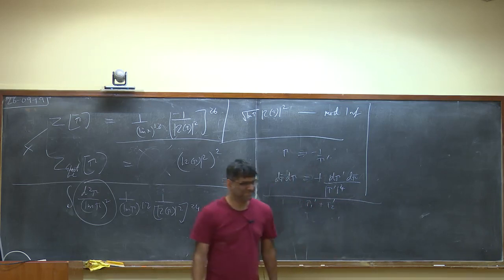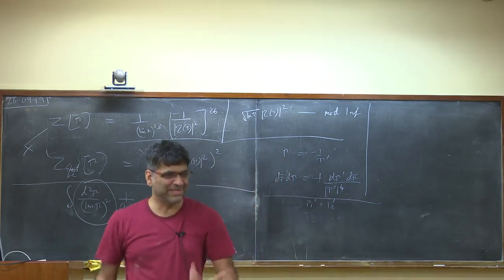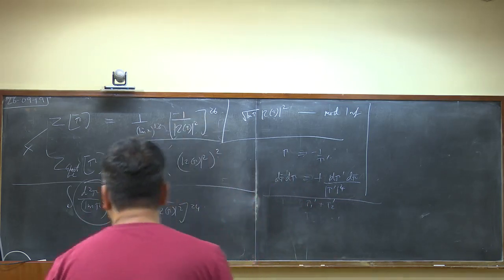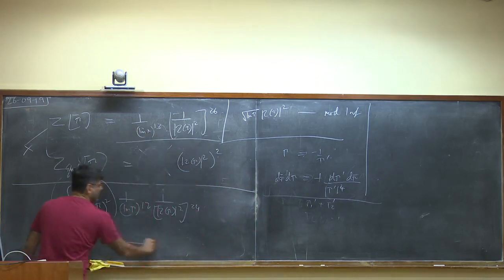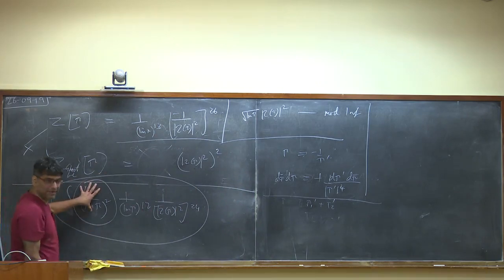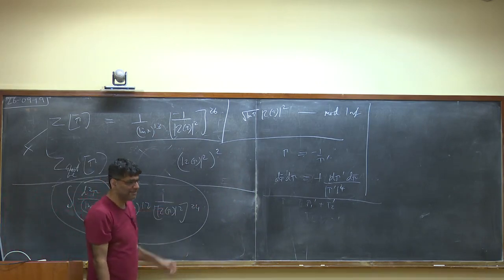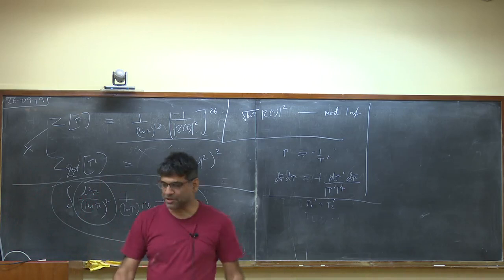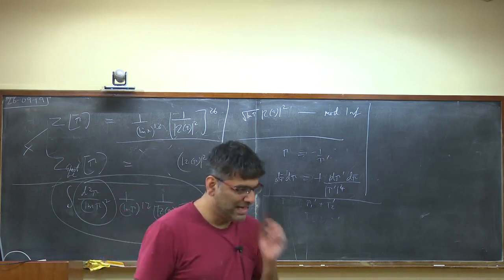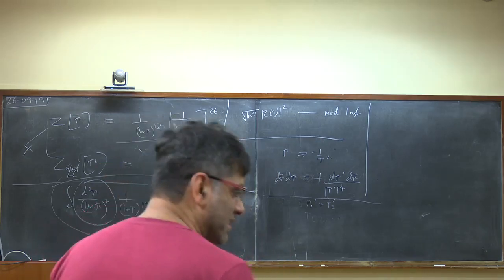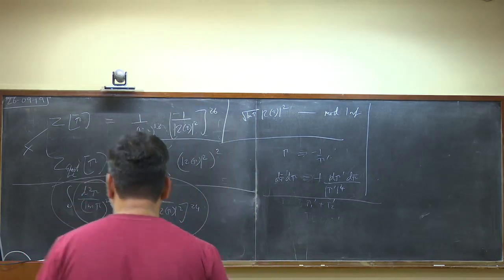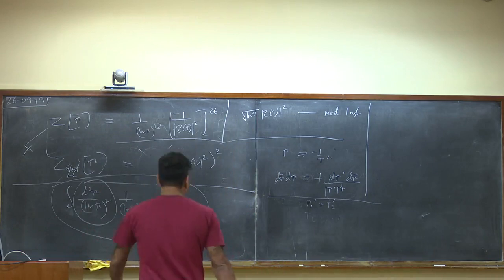It cancels this, mod tau square, right? So now the whole thing is beautifully modular invariant. This is invariant by itself, and we've landed on our feet. So we've got a good answer, and now we're going to study the answer. We're going to try to extract some physics from the answer. Any questions or comments about this?